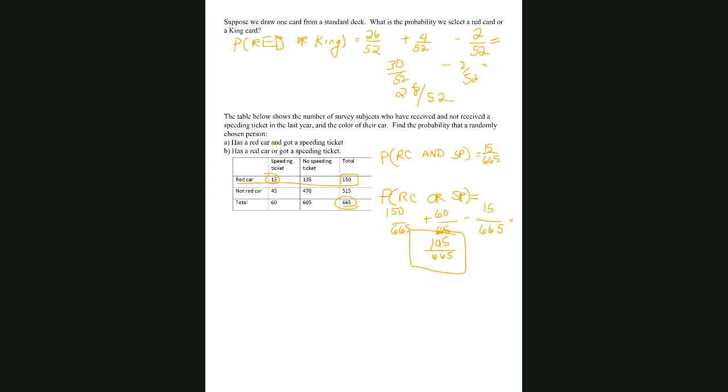Also, you'll notice that we didn't have enough time today to talk about conditional probability, so there is a set of videos and an information sheet that goes along with conditional probability. In conditional probability, you'll look at the probability that a person has a speeding ticket given the fact that they drive a red car.